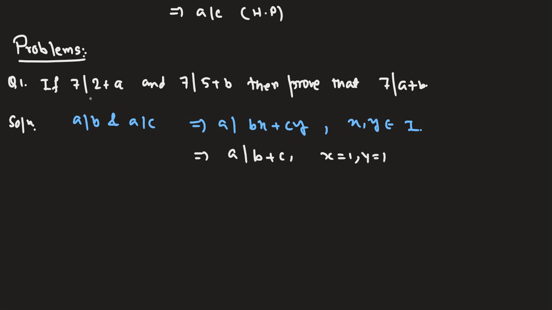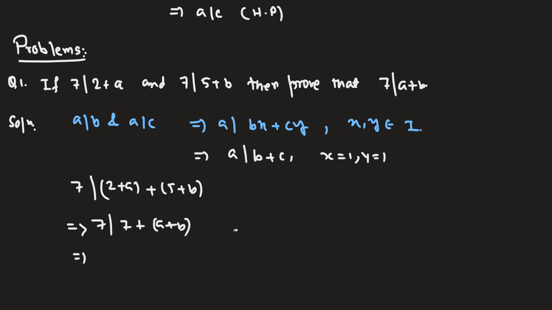So that means 7 divides these two numbers separately. So we can write, by using this property, 7 divides the sum of these numbers, 2 plus a plus 5 plus b. So 7 divides 7 plus a plus b. Since 7 is always divisible by 7, we can say that 7 divides 7 plus a plus b minus 7.